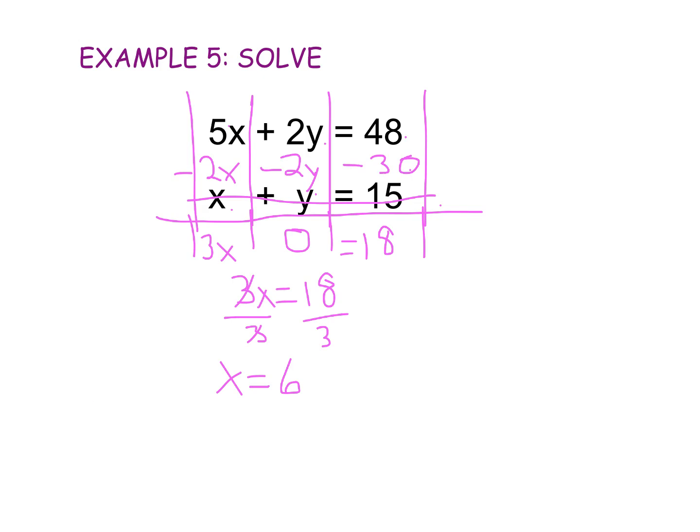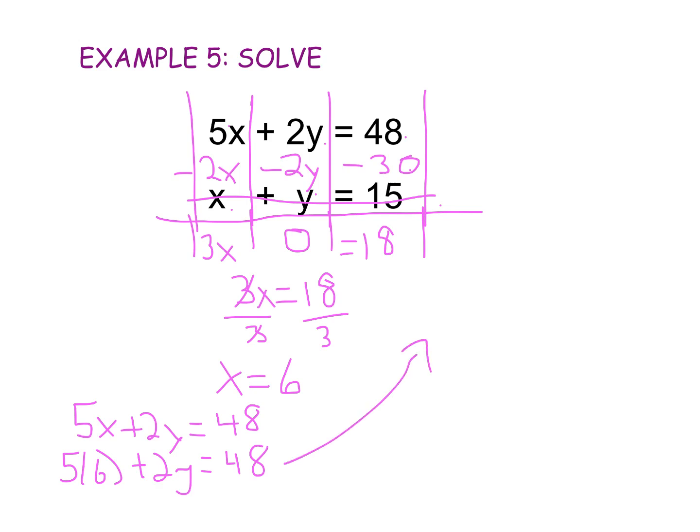So let's go back into the equation that we didn't change. 5x plus 2y equals 48. We know that x is 6 now, so we can have 5 times 6 plus 2 times y equals 48. So subtract 30 from both sides.